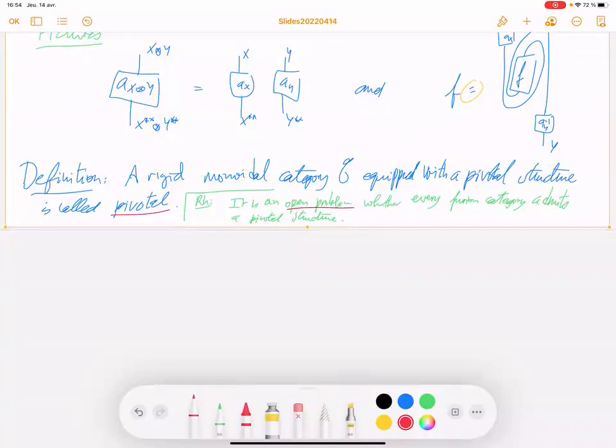What we will explain a bit later is that if you have a fusion category, we don't know whether there is a pivotal structure, but you can make a Z2 extension of the category called the pivotalization, and that provides a pivotal structure. So it's very close to a pivotal structure, up to a Z2 extension. Okay, so I will stop here.